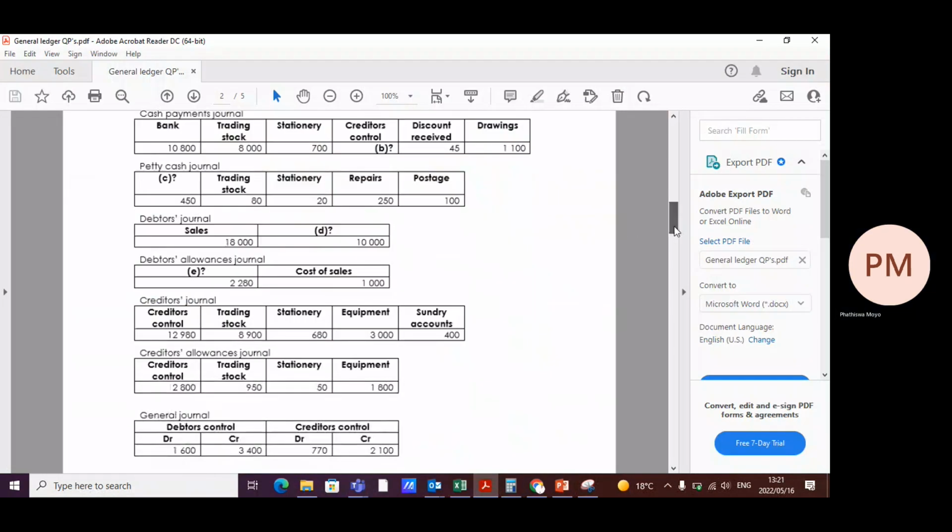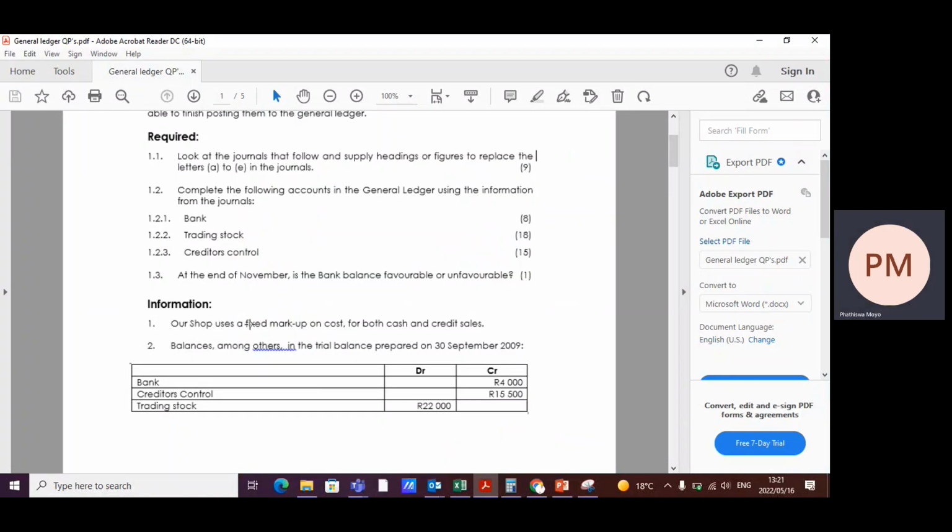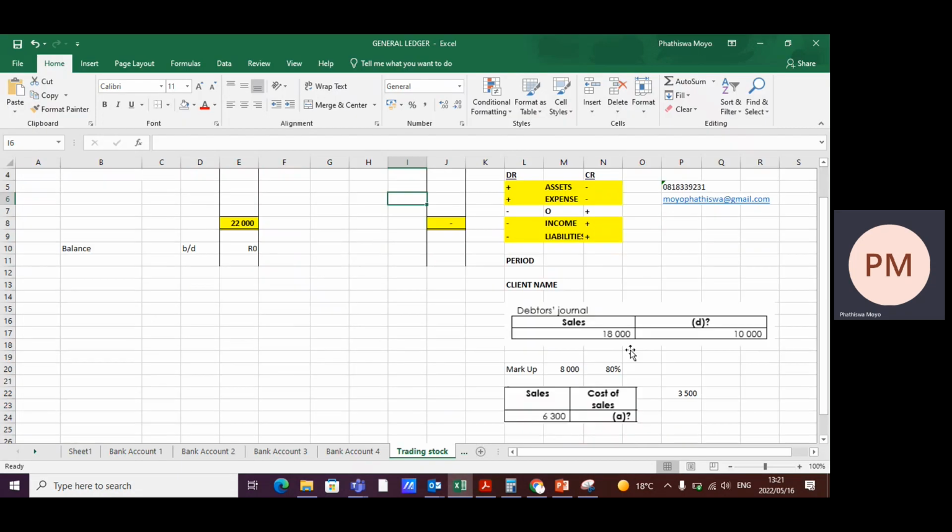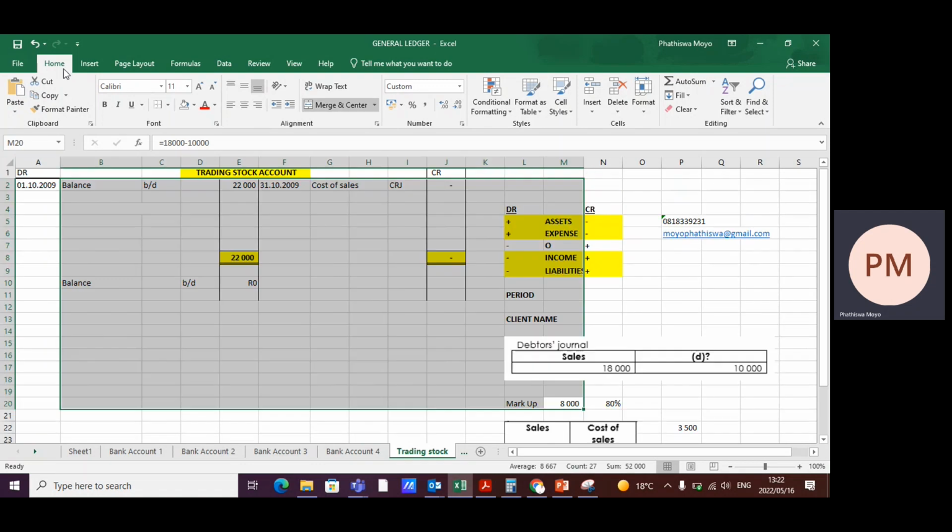Okay. So they say our shop uses a fixed markup on cost for both cash and credit sales. So it means we have to calculate what is the markup. So the markup is 18,000, which is the sales minus the cost of sales, divided by the cost of sales. So I've shown you the calculation there.